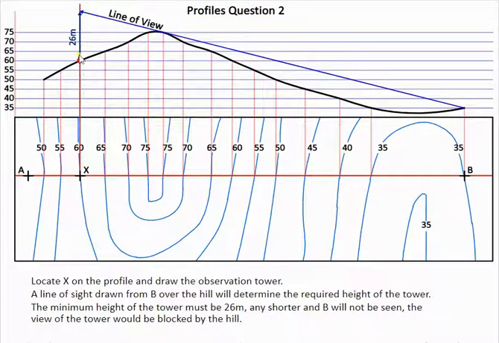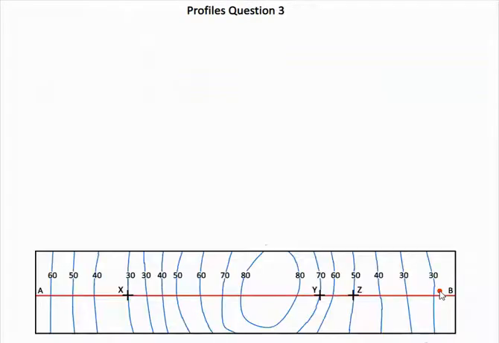So it has to be a minimum of 26 meters high so that it can be seen from B. If it's anything lower, say if it was only 23 meters, you won't see it. So if you're making an observation tower from here to see the surrounding landscape at B, it has to be a minimum of 26 meters high.